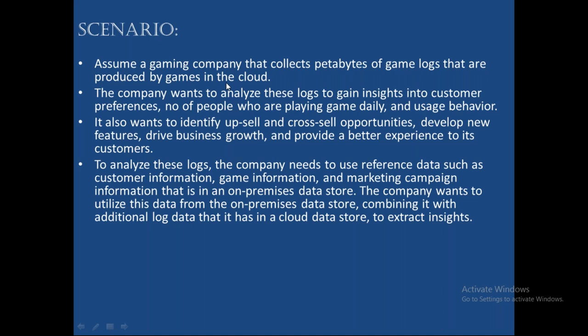If your server is in the cloud, everything will be taken care of by the cloud provider. If you put your server in an AWS data center, AWS people will take care. If you keep your server in a Google data center, the Google team is going to take care. If I keep my server in a Microsoft data center, Microsoft is going to take care. Now we understood the cloud and on-premise.